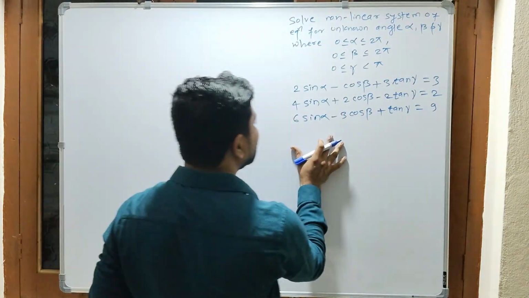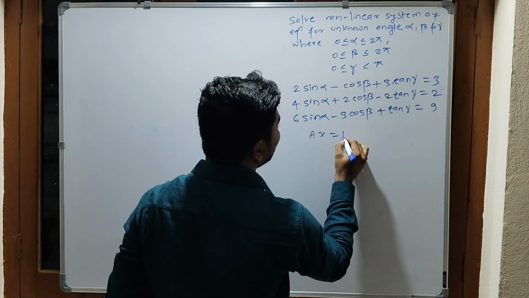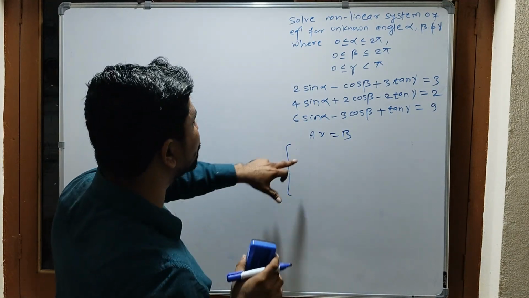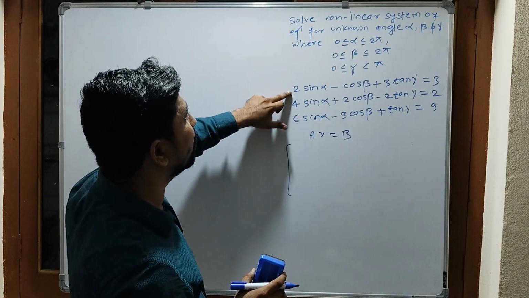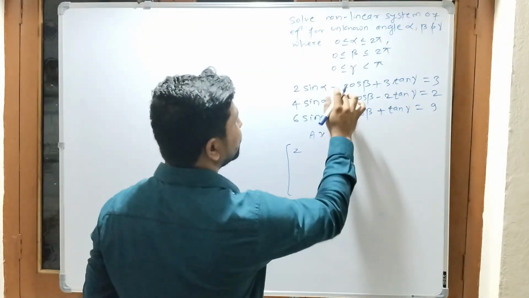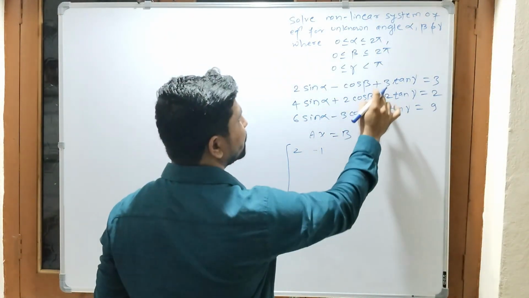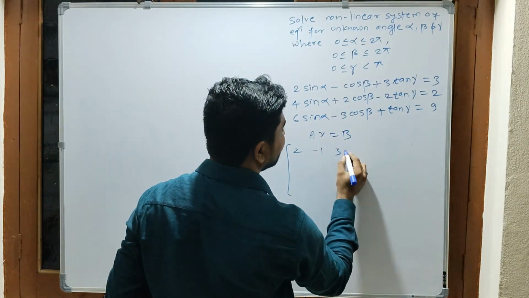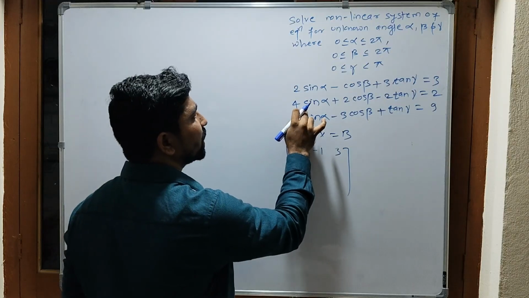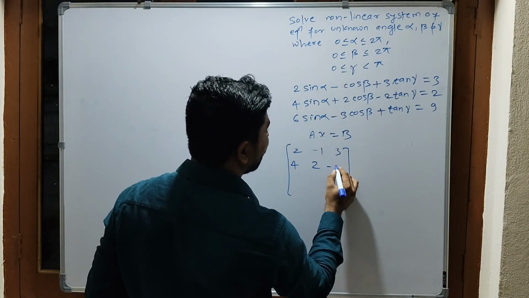So the matrix form of this equation is Ax equal to B. Here the first row of matrix A is the coefficient of sin alpha, 2, then the coefficient of cos beta, minus 1, and the coefficient of tan gamma, 3. The second row corresponds to the second equation: 4, 2 and minus 2.